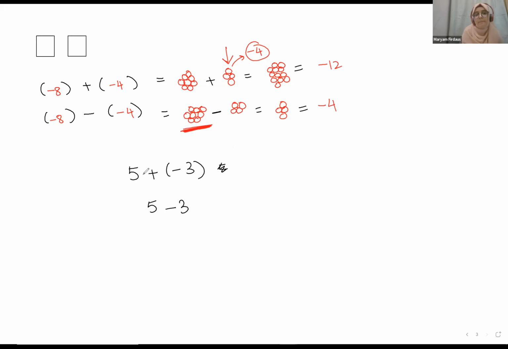Why? Because positive is positive and negative is negative. So plus into minus, basically it's positive multiplied by negative, that becomes negative.